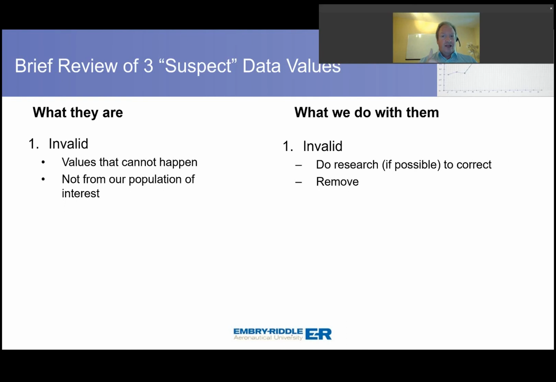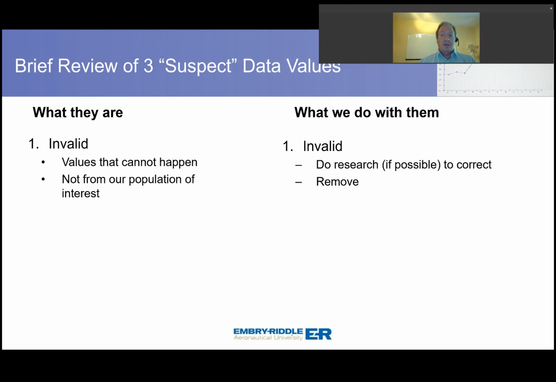Now, there's a second type of invalid data value that did not occur when we talked about categorical data. And that is values that are not from our population of interest. So to give you an example of what that means, suppose you were looking at the prices of bicycles that you pedal and ride. And you were interested in touring bikes.